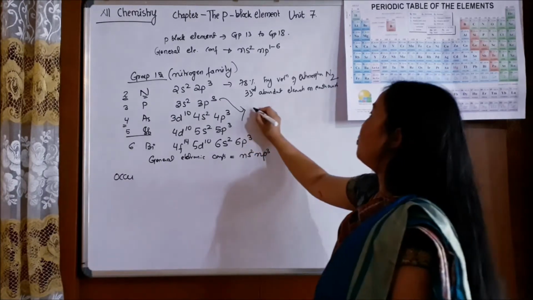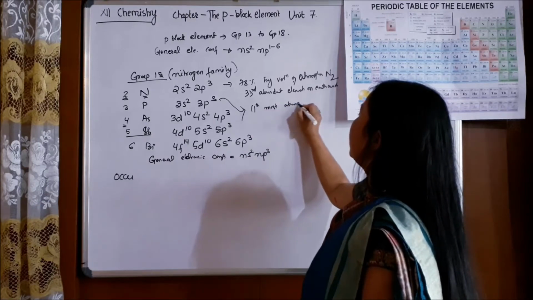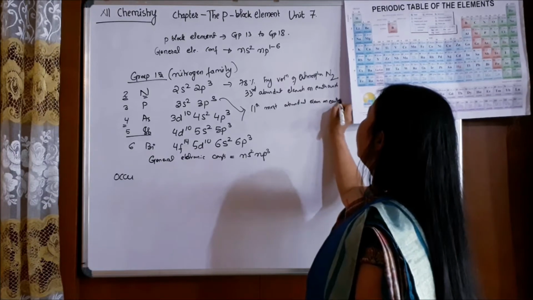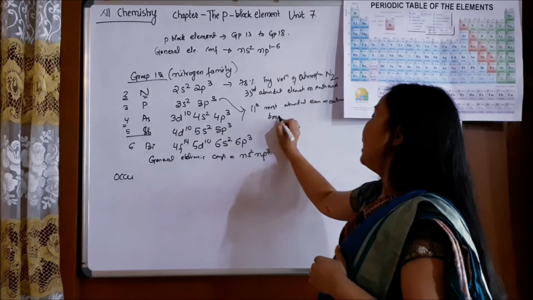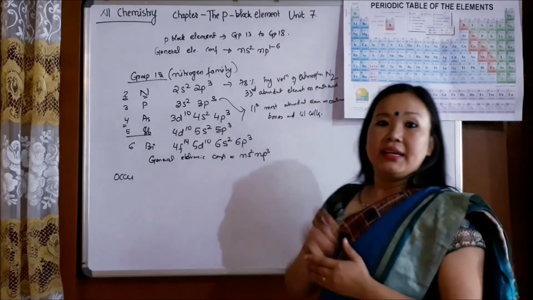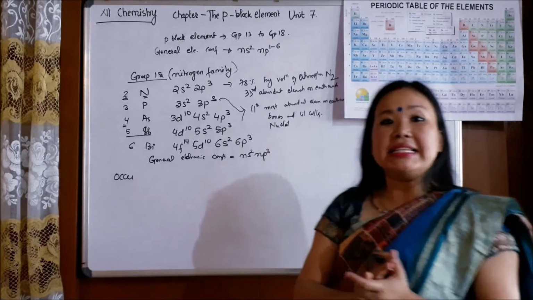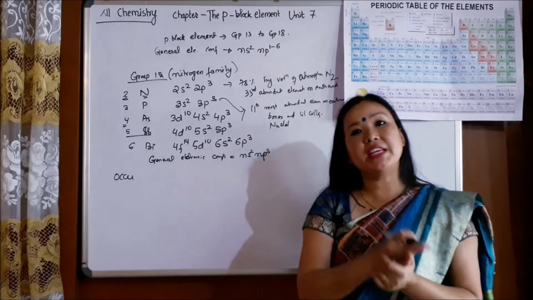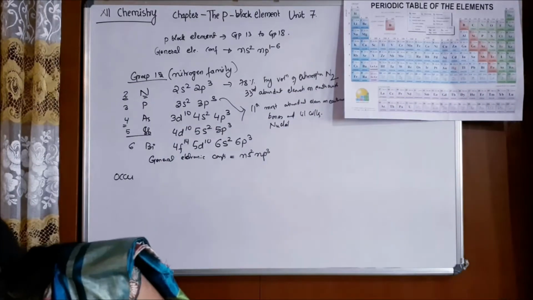Phosphorus is the 11th most abundant element on the Earth's crust. It is present in bones, living tissues, cells, nucleic acids, ATP and ADP. The abundance of arsenic, antimony and bismuth is very low. So this is all about their abundance.